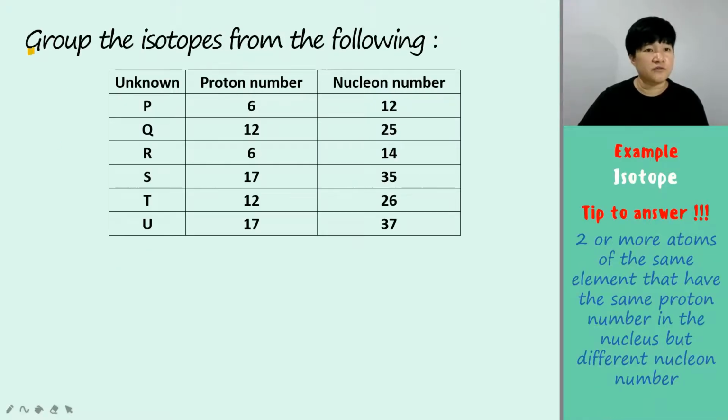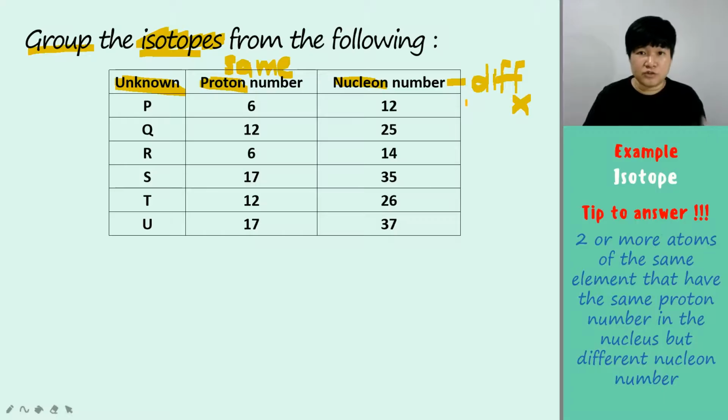So for this question, we are going to group the isotopes from the following. We have 6 unknowns over here with their proton number given and also nucleon number given. We know that for isotopes, the proton number must be the same, but the nucleon number will be different. Since it's different, we cannot use it to identify which are isotopes to each other.